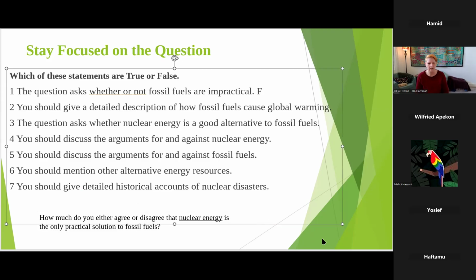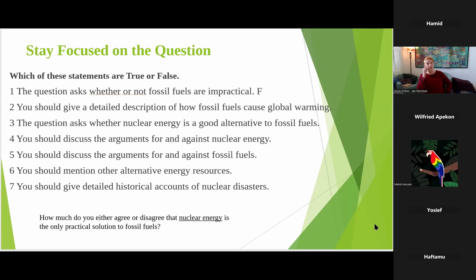How much do you either agree or disagree that nuclear energy is the only practical solution to fossil fuels? So what do you think? Should you give a detailed description of how fossil fuels cause global warming in this essay? True. Is that going to answer the question? Remember, we've got our question here.